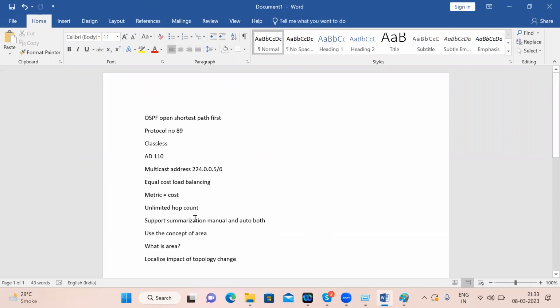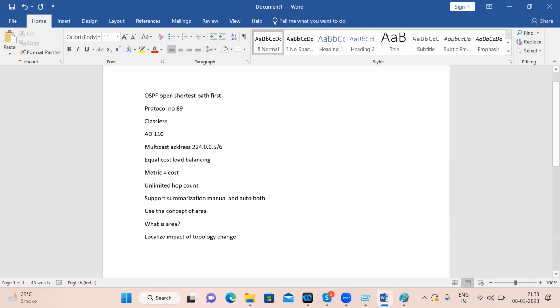So what exactly is an area? Area creates a localized impact within an area. If anything happens, the impact is localized. So how many areas can you create in OSPF? You can create 0 to 4.2 billion areas.